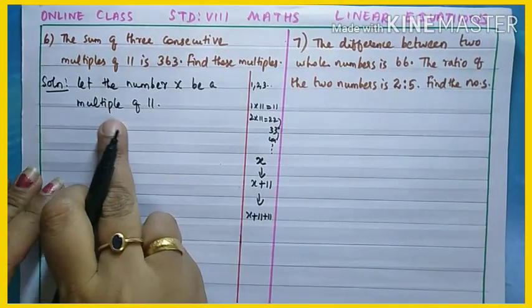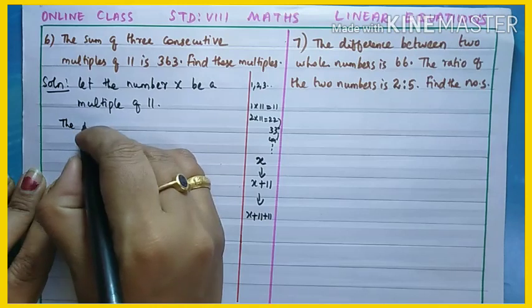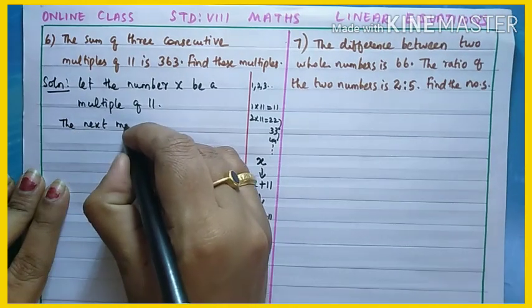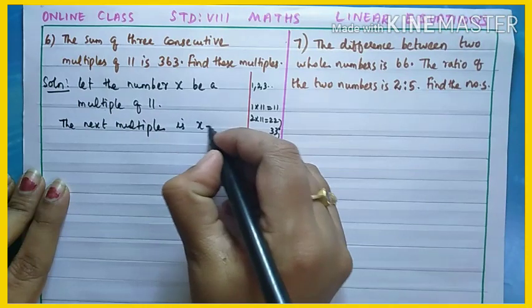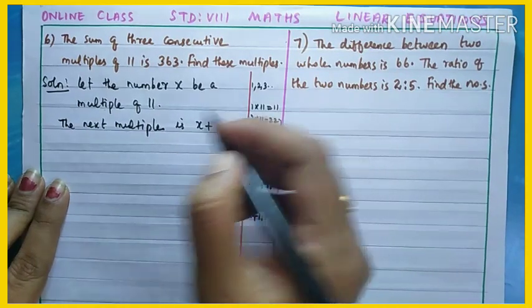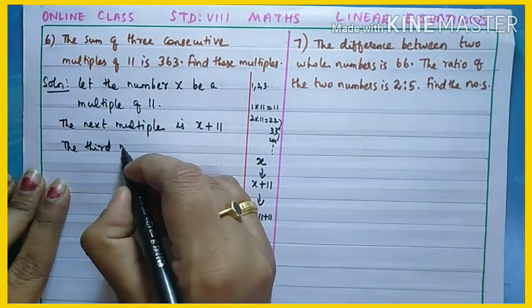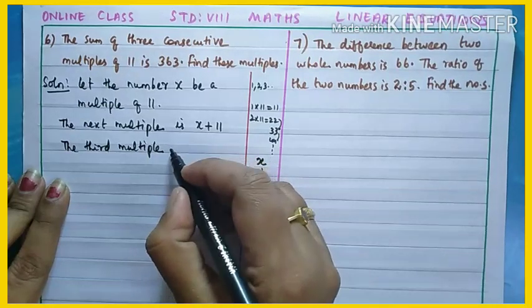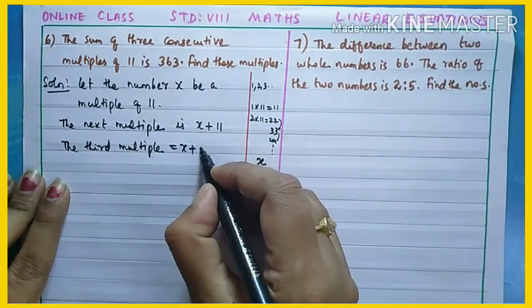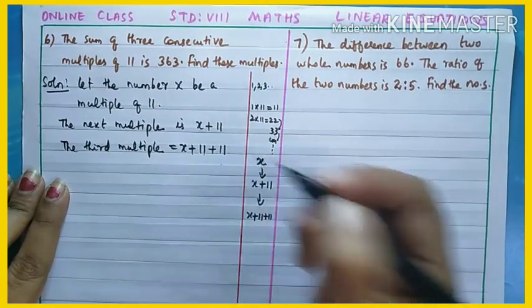So first multiple I have taken as x. So what is the next multiple? The next multiple is x plus 11. I am adding 11. And the third multiple is what I said. To the second answer you want to add 11. That is x plus 11. This second answer. Again I am adding 11.